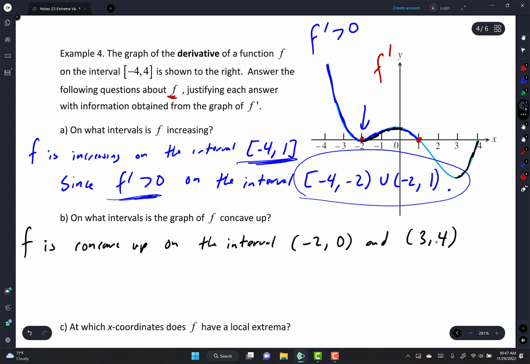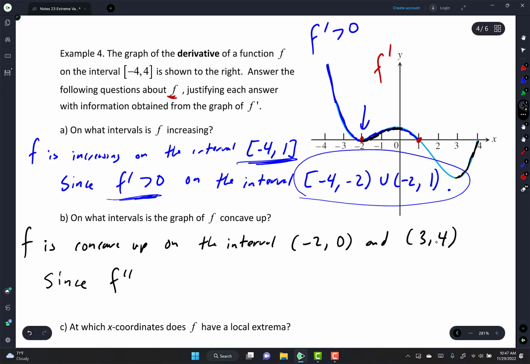Always use parentheses, because the definition of concave up is where the second derivative is positive, not where the second derivative is 0. Does that make sense? Okay, so you're not right at -2 and right at 0, those endpoints, f prime prime is not positive. f is concave up on the interval -2 and 0 and 3, 4.